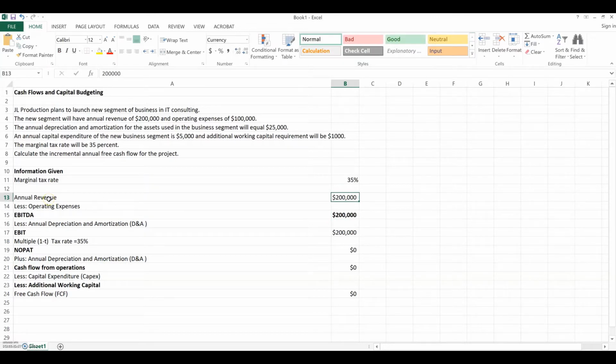Once we record that, we'll go to another item, that is operating expenses. We have to deduct the operating expenses from annual revenue. And what is operating expense? An operating expense, which is also called operating expenditure or operational expense or operational expenditure, is an ongoing cost for running a product, business or system.